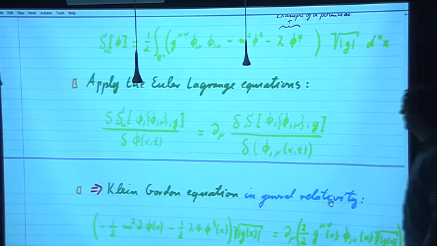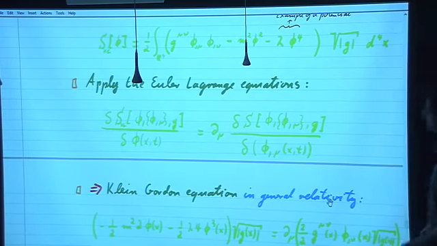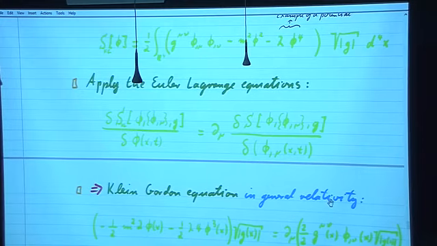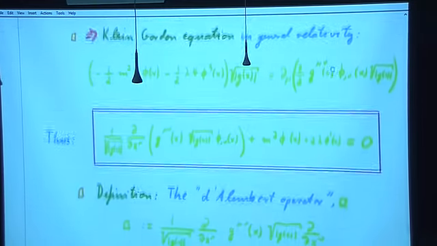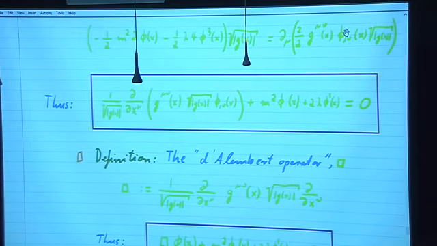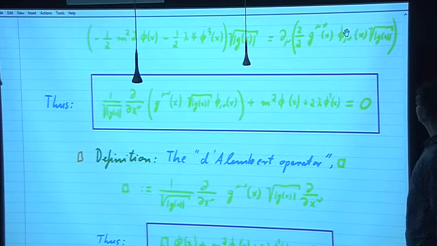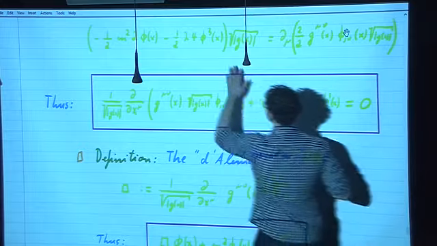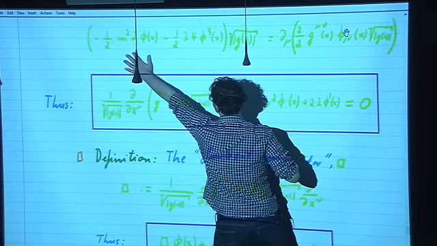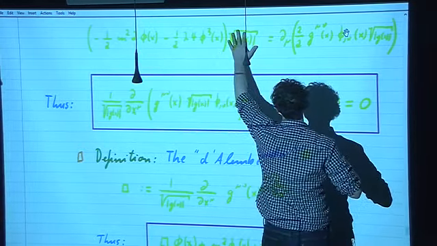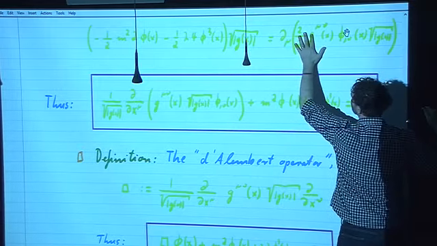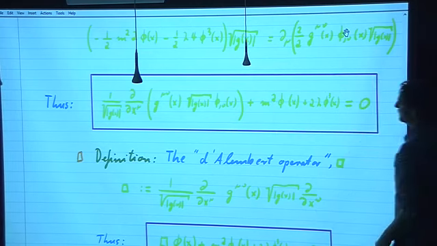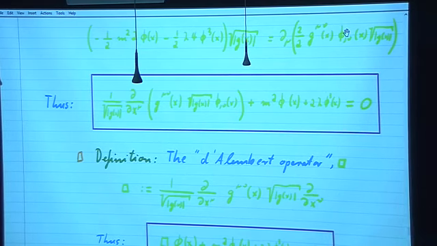So here we have the Klein-Gordon equation for general relativity. And you see it's getting much more complicated than it used to be. Let us reformulate it a little bit. So here we have just some terms that involve phi, and then there's the square root of g. Let us put this square root of g over to this side by dividing by square root of g.